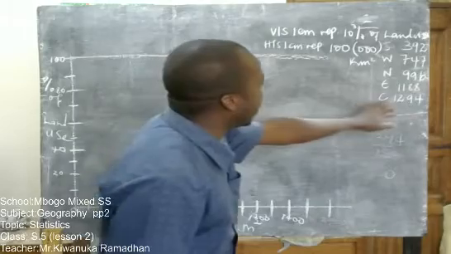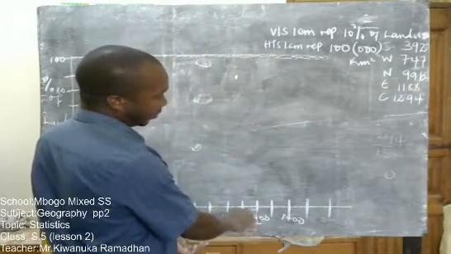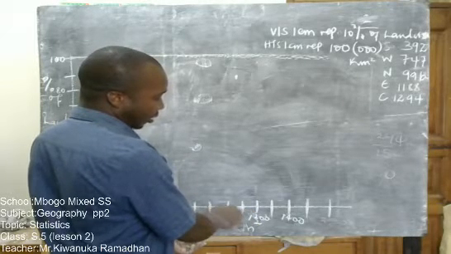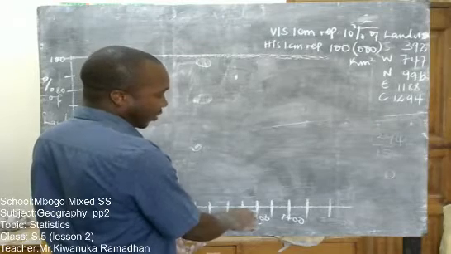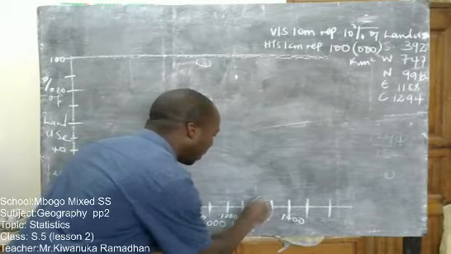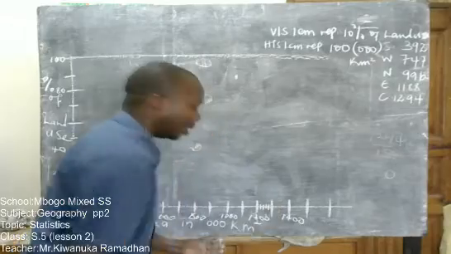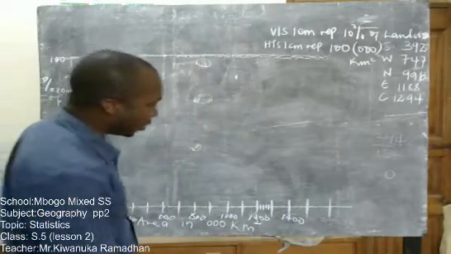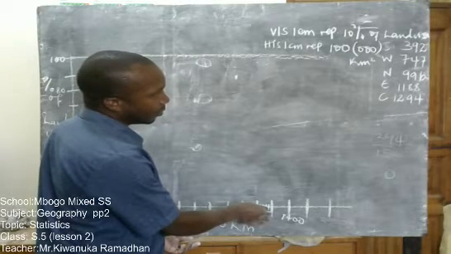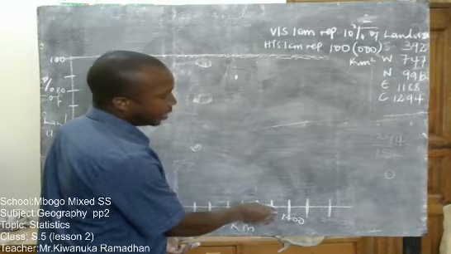So I want to stop at 1294. This is 1000, 1100, 1200. In this space of the 1 centimeter, there are 5 small boxes. 1, 2, 3, 4, and 5. There are 5 of them. So this smaller box is measuring up to 20, 40, 60, 80.